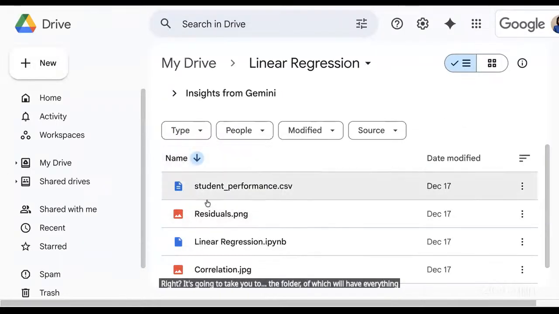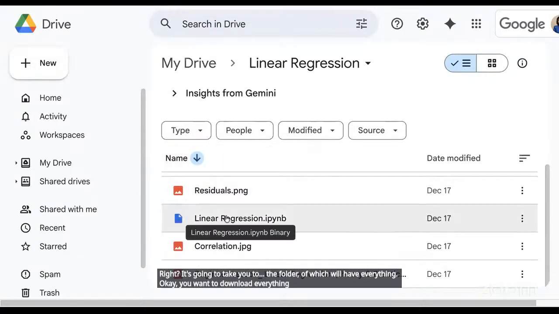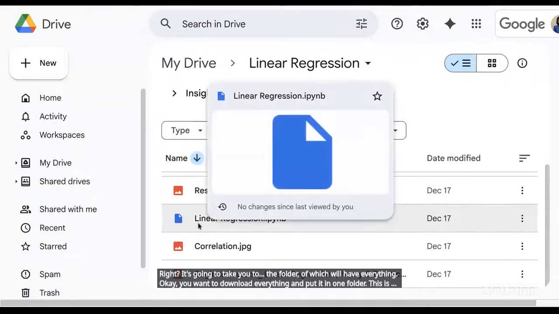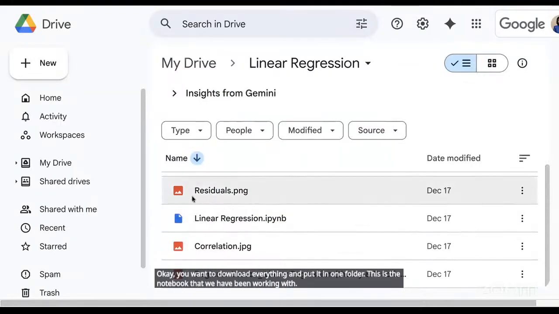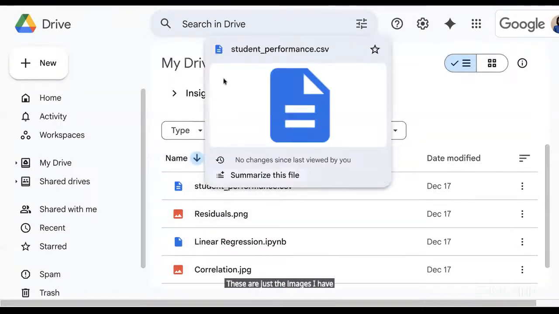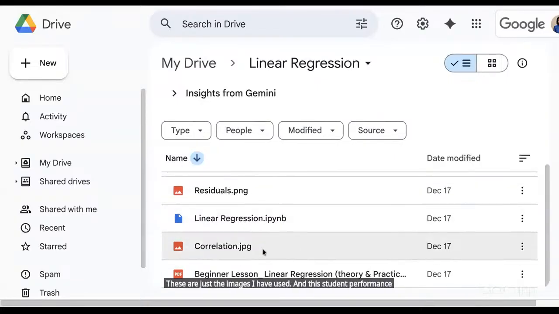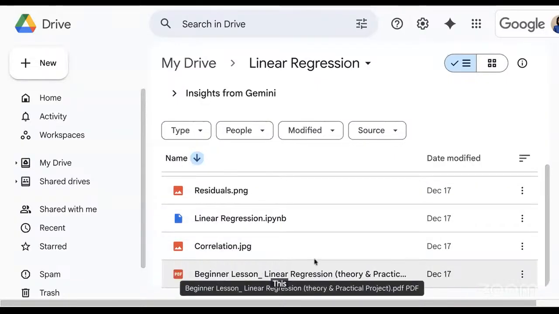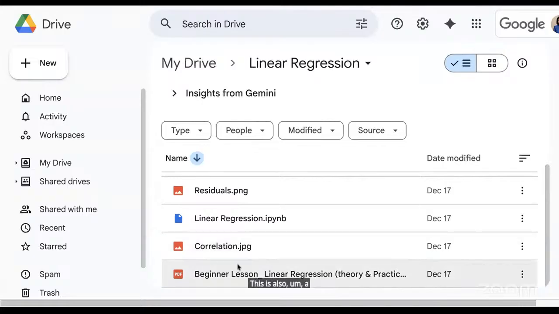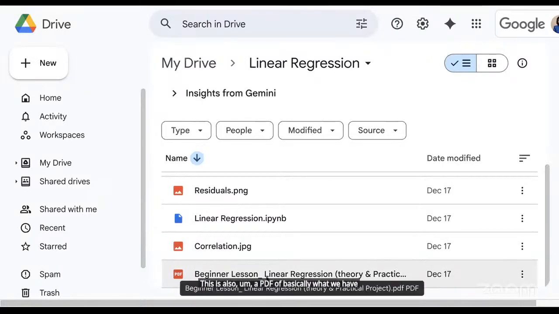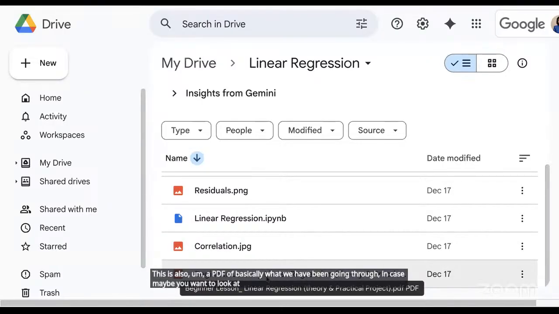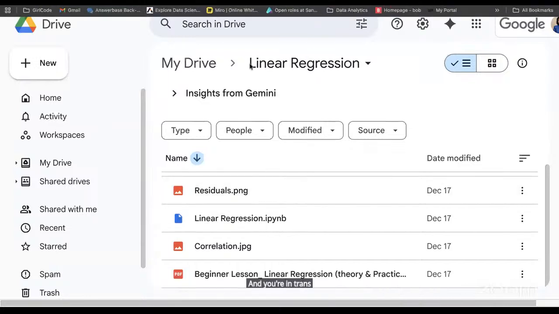You want to download everything and put it in one folder. This is the notebook that we have been working with. These are just the images I have used. And this student performance data set is the data that I was using. This is also a PDF of basically what we have been going through in case you want to look at it on your phone while you're in transit.